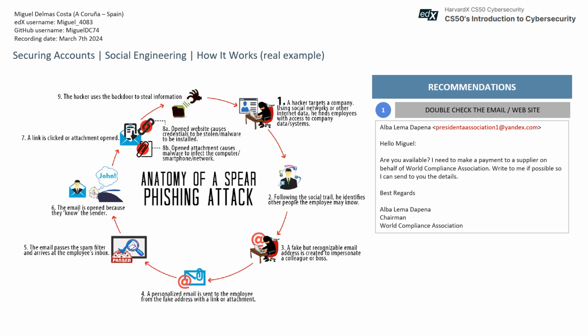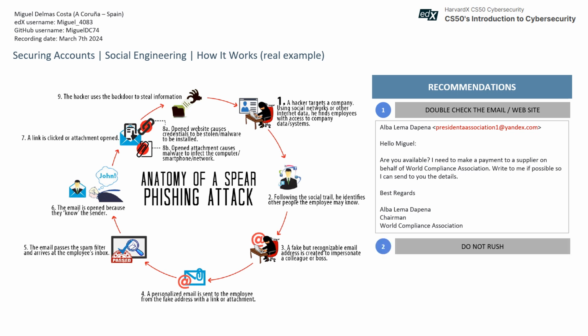Obviously, this is not the proper email of our company. It's not the email that Alba has as president of the company. The domain of the World Compliance Association is not yandex.com. So this kind of email is very suspicious and suggests that this may be a fraud. Or, for example, if I enter a website with an inconvenient name in the address, probably that would be a fraud.